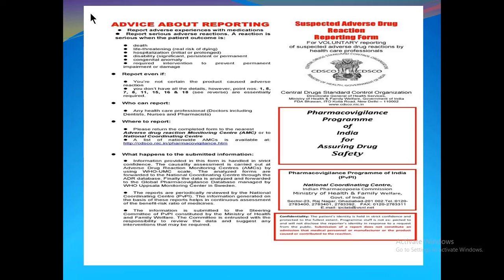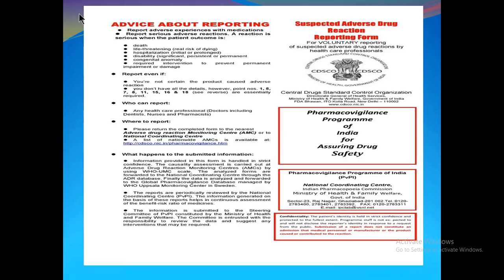In the front side of the form, points number 1, 5, 7, 8, 11, 15, 16 and 18 are mandatory to be filled. Fourth point mentions that any healthcare professionals like doctors, dentists, nurses, pharmacists, etc. can report a suspected ADR.